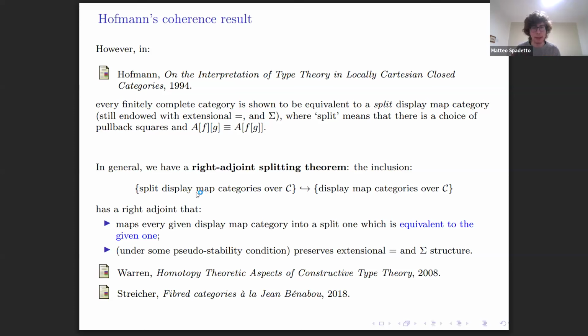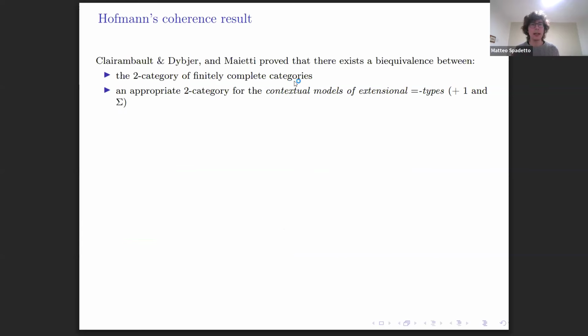This mapping, I was saying, is proven to extend to a biequivalence between the two categories of finitely complete categories and an appropriate two category whose objects are the contextual models of extensional identity types. This is a result by Clérambault and Dybjer, and Maietti also studied this correspondence from another perspective.